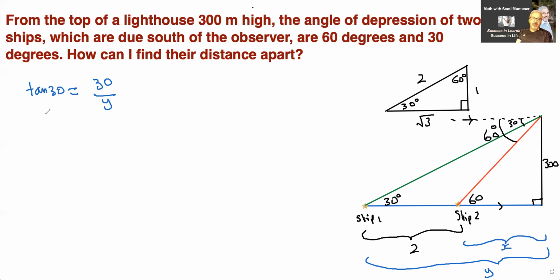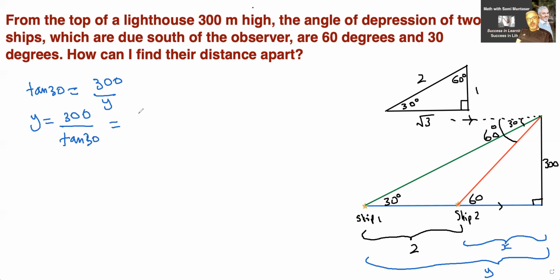It's part of cross multiplying, but you could just do it quickly and say y equals 300 over tan 30. This is the angle 30, and then the height is 300. Again, when the unknown is on the bottom, just exchange these, and this is solved for you.